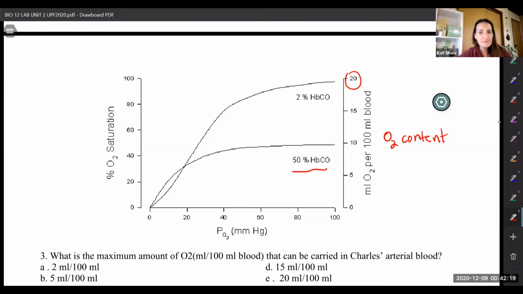And if he's at 50% saturation, then that is shown here on our other y-axis. About 50%. If we're 50% saturated with CO, then we're 50% saturated with O2.